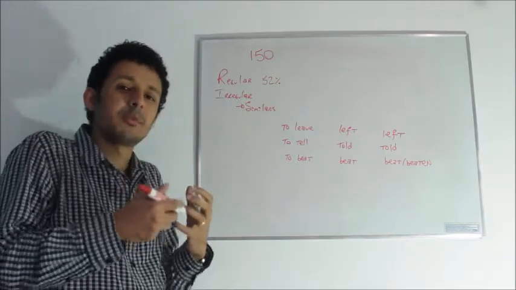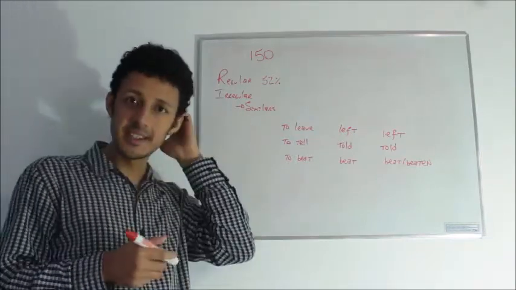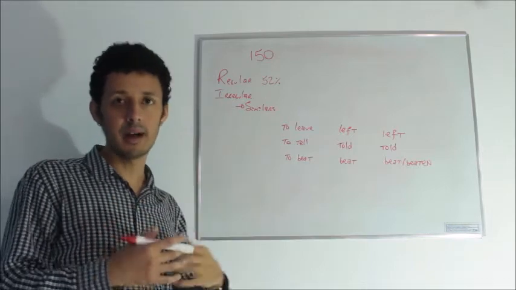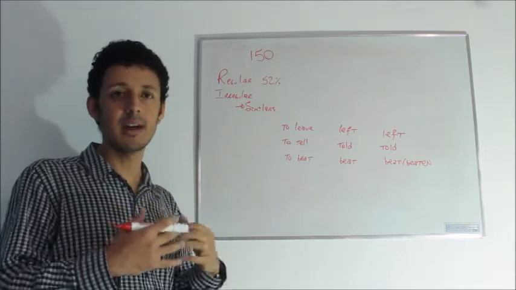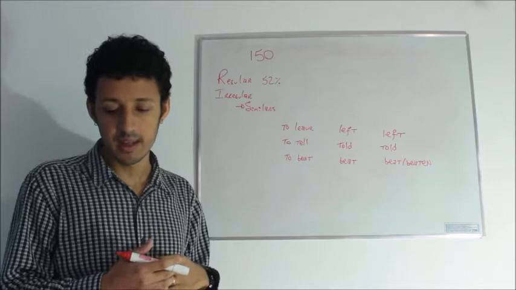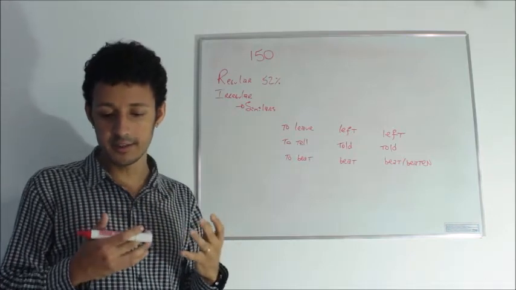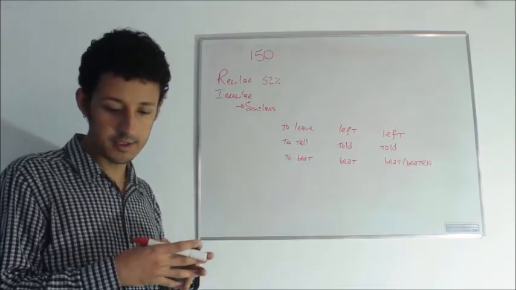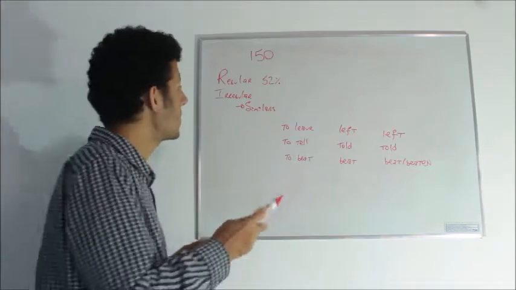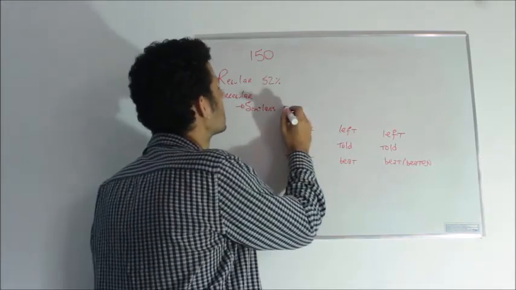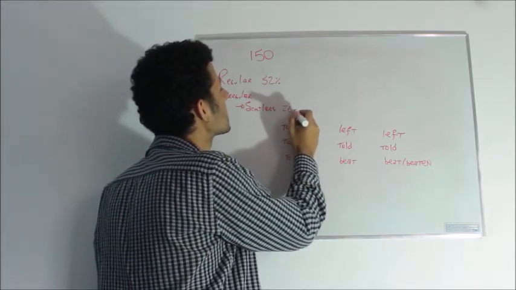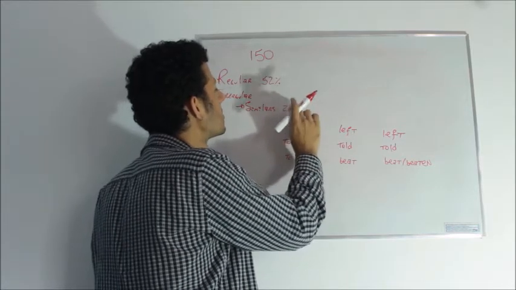So what is the representation of these similar verbs? The proportion of these verbs is 26 point something.